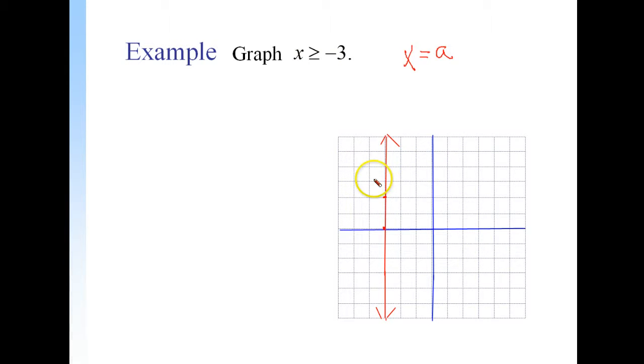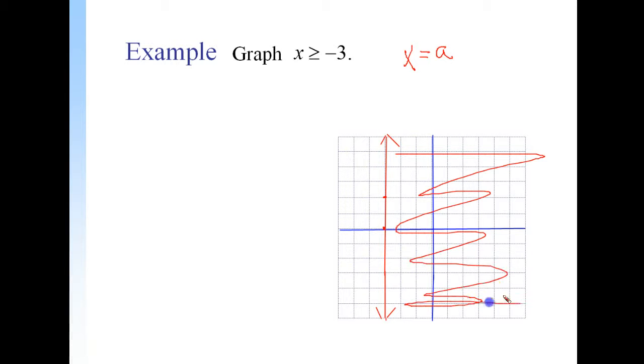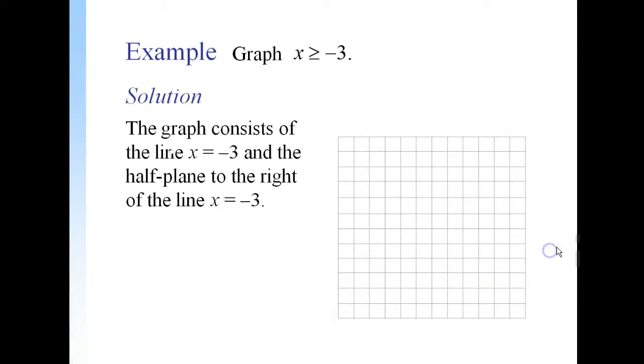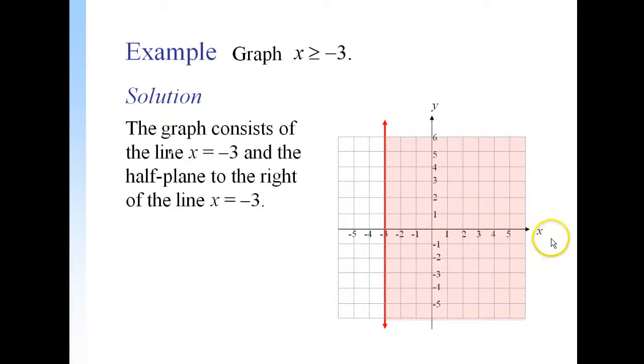X is greater than that. So there's the part that we shade. And again, it's a solid line because all those ordered pairs on that line are part of the solution set. And there's a nice graph for you.